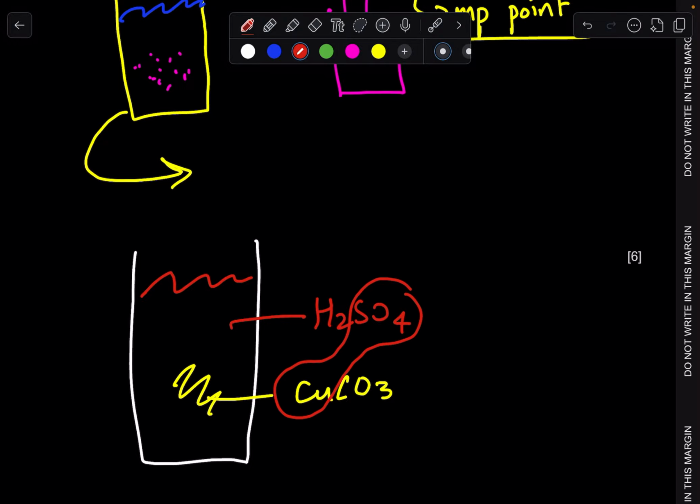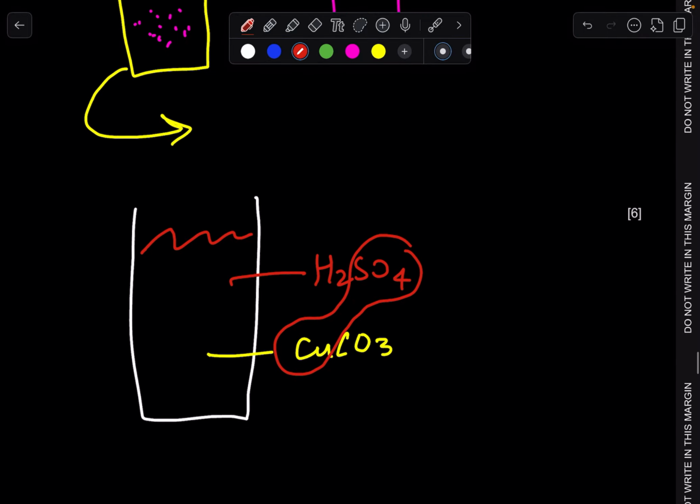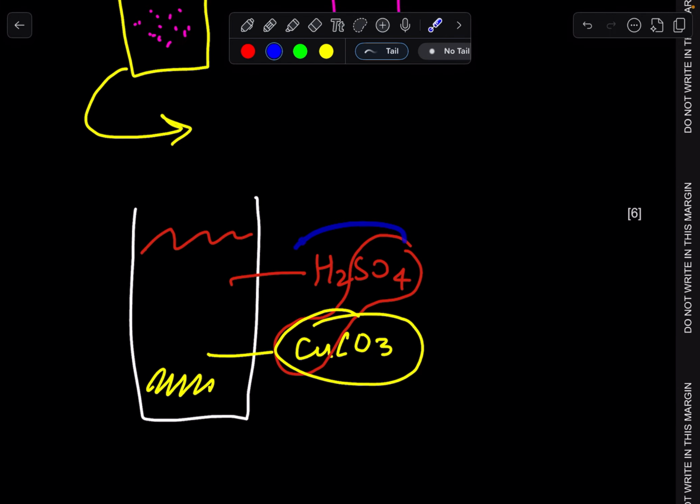Now this copper sulfate is inside the solution. There is an important thing: you are going to add this copper carbonate in excess. Why in excess? Because you want to make sure all the sulfuric acid is used up. When you're forming a salt from an insoluble carbonate or metal, you add it in excess so that all your acid is used up.